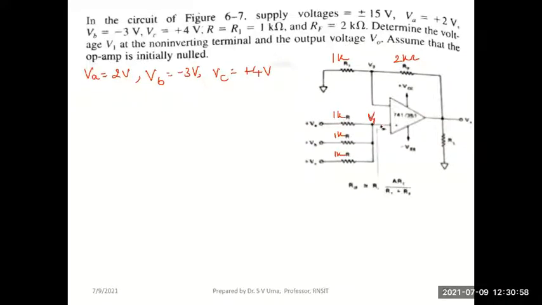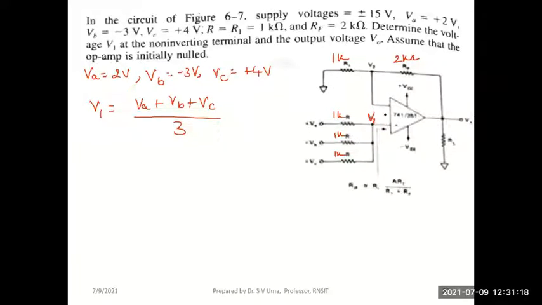It's a direct problem. What will be the voltage at the non-inverting terminal? We have already determined it in the last slide. It is VA plus VB plus VC divided by 3. Yes or no?